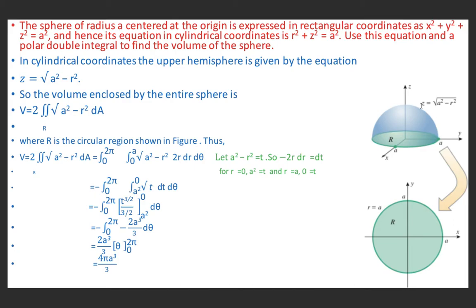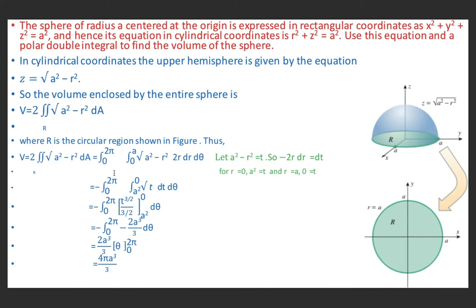So the volume of the total sphere is equal to twice the volume of the upper hemisphere. So the volume is equal to twice the double polar integral of under root a square minus r square in the region R, which is circular, shown greenish in color.